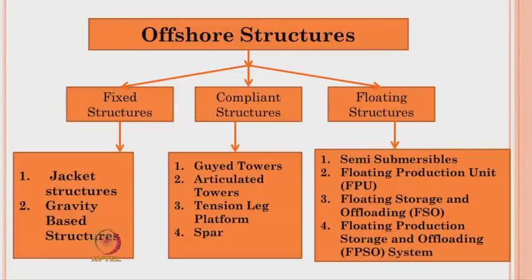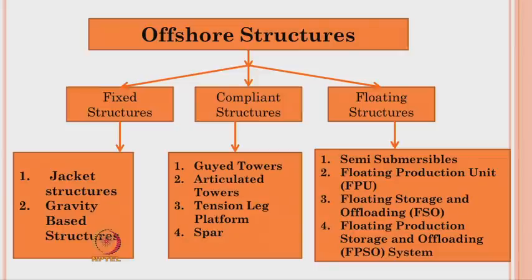Now, ladies and gentlemen, before we move on further to understand dynamics of ocean structures, let us ask a question: what are the different types of offshore structures which are generally constructed or which would be constructed? You can categorize them into three forms: fixed type, compliant type and floating type. Under fixed type, you have two kinds of structures called jacket structures or template structures.